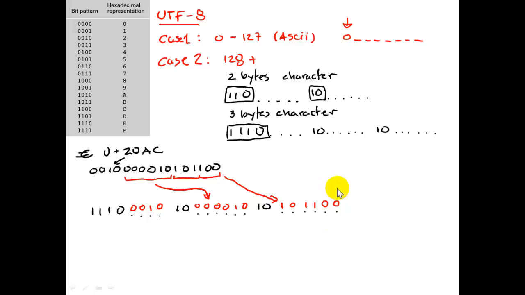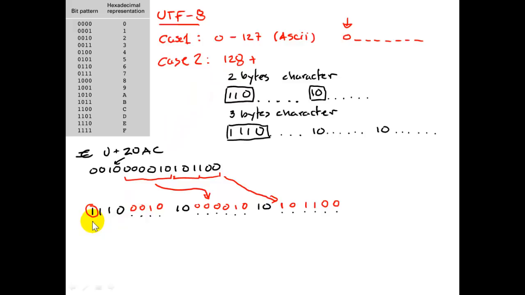When the text gets opened by a text editor, it has to know that it's a UTF encoding, and as the decoder proceeds from byte to byte, as soon as it reads this byte, it'll first say, oh look, there's a 1 at the beginning of this byte, so this is not a case 1 character, this is not an ASCII character.